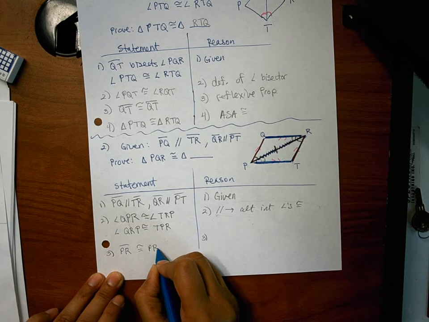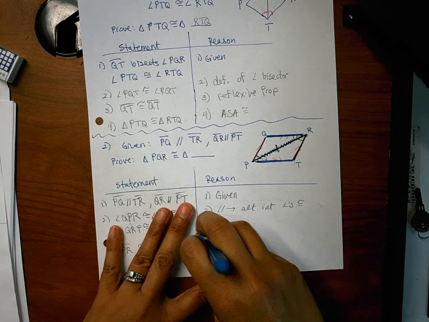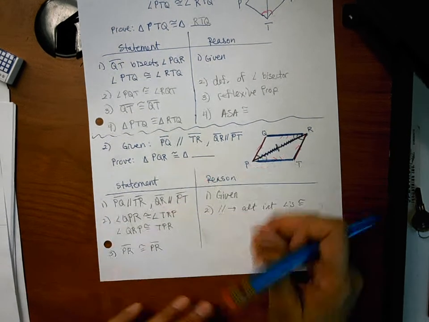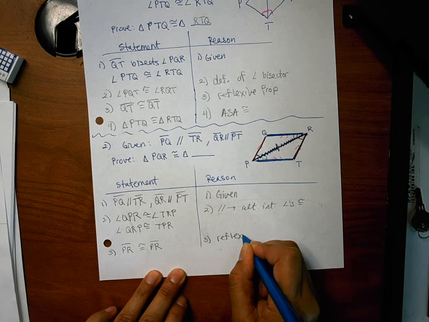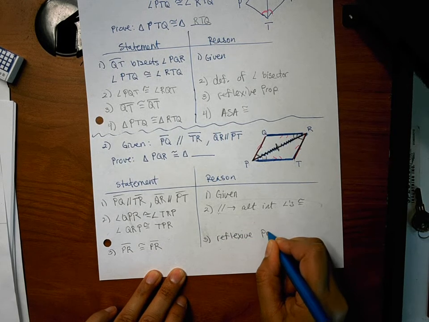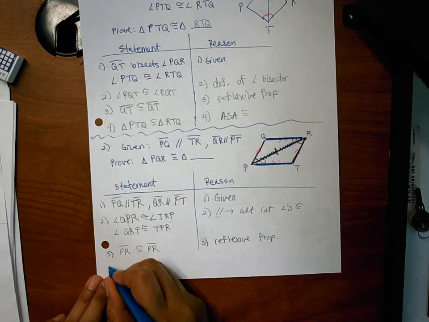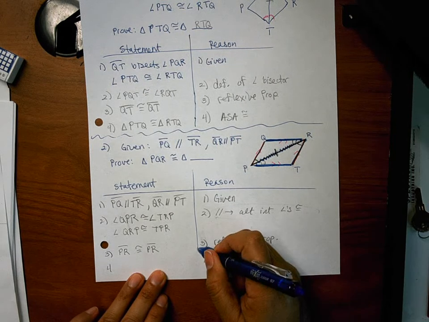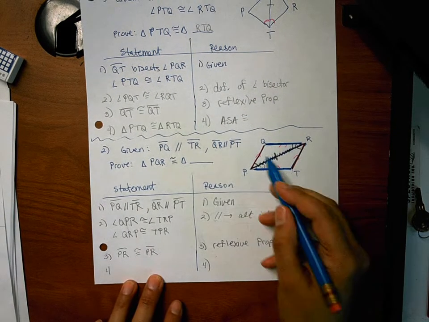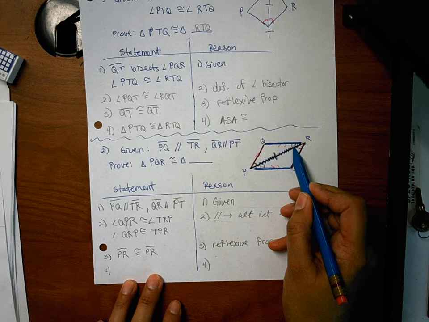So that's PR is congruent to PR, and we should know that one already. That's because of the reflexive property.